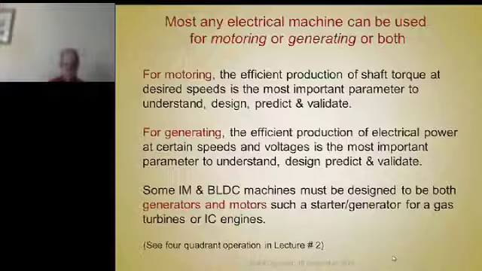Once the engine ignites and starts to motor itself, usually this electrical machine is still motoring to get the jet engine up to speed as fast as possible. So both are motoring. But once it gets up to some higher speed, the starter aspects of this electric machine switch over and it becomes a generator. It's not motoring anymore, it's generating electricity, and the prime mover, the jet engine, is supplying all the torque.